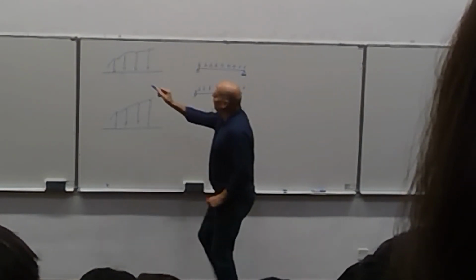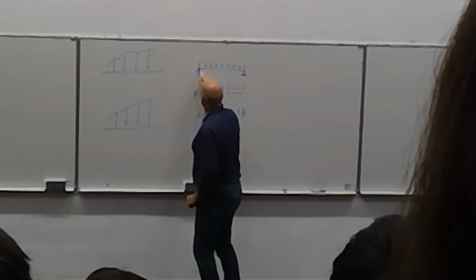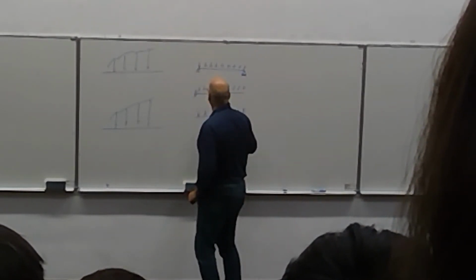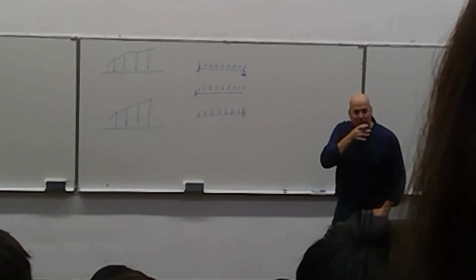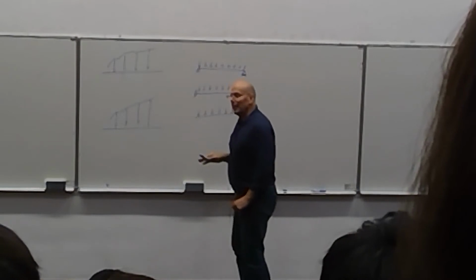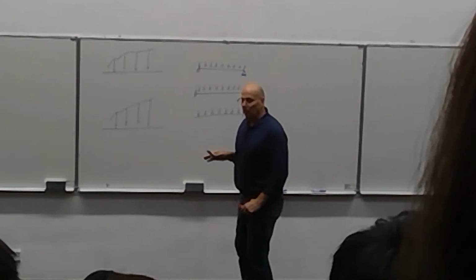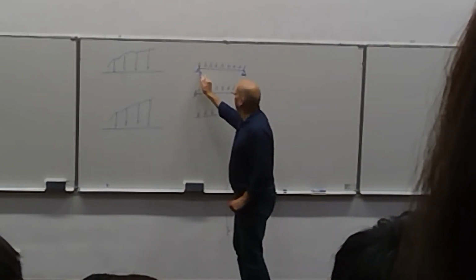In these 3 cases, between this point and this point, the loading is exactly the same. What changes in these 3 cases is that we have different supports. This was a simply supported case.